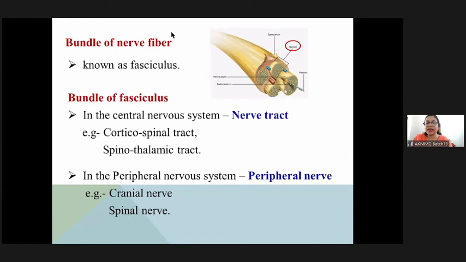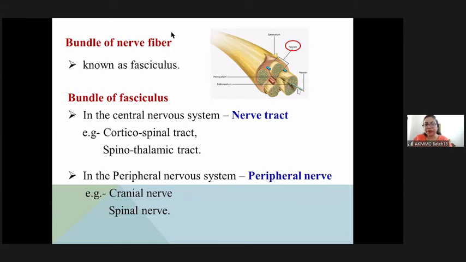It is covered by a connective tissue covering or capsule. This is separated from this bundle. And these are blood vessels which are supplying these nerve fibers.